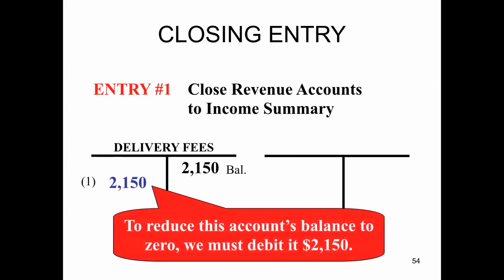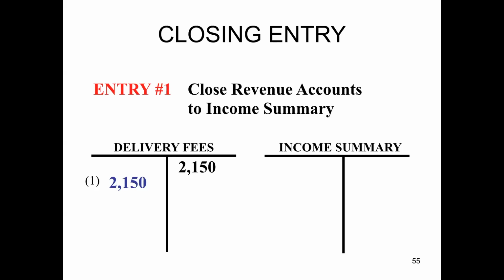To close the revenue account, or delivery fees account, we have to debit $2,150 to reduce the balance to zero. Since we debited delivery fees of $2,150, we have to transfer this amount to income summary.